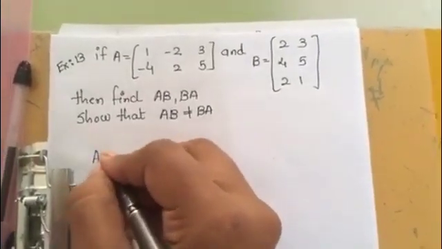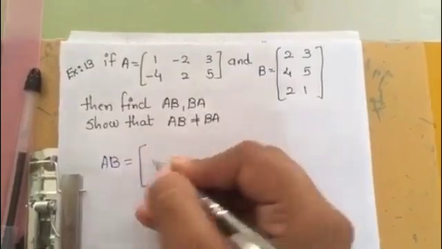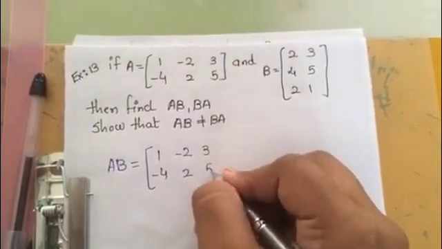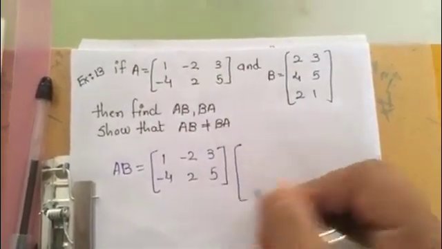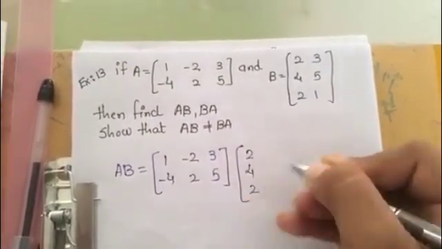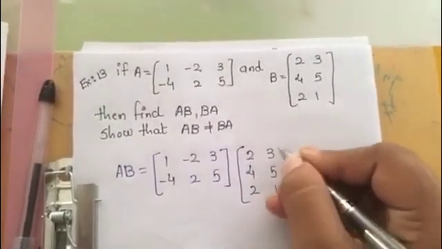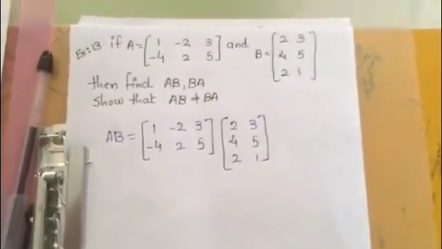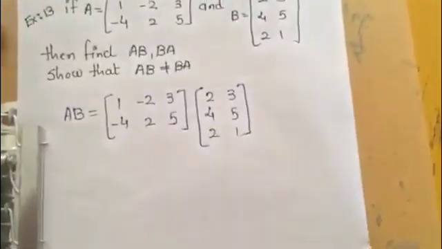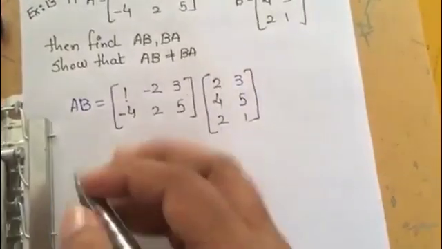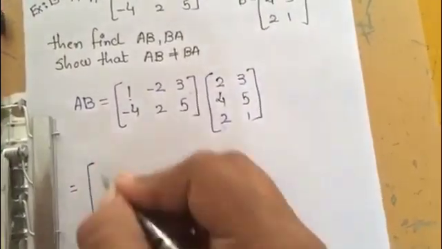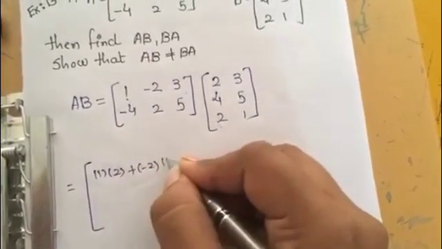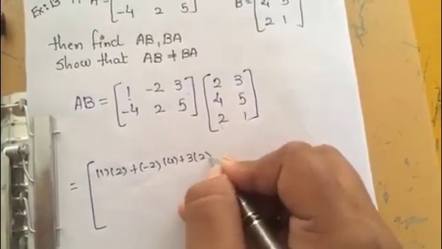So AB is equal to [1 -4 -2; 2 3 5] multiplied with B, that is [2 4 2; 3 5 1]. Let's start the multiplication. First row, first column: 1 into 2 plus -2 into 4 plus 3 into 2.